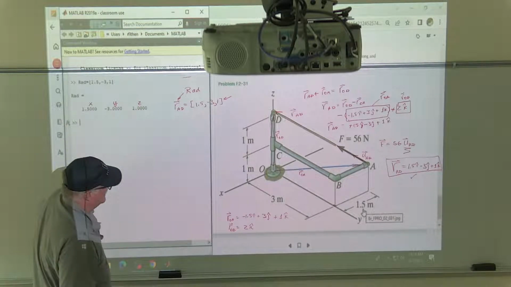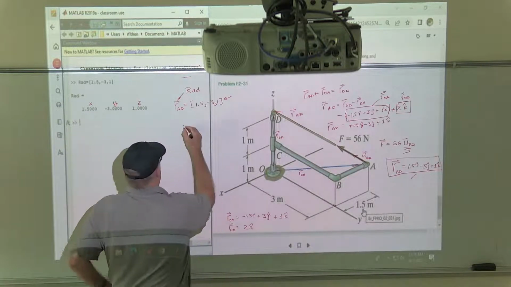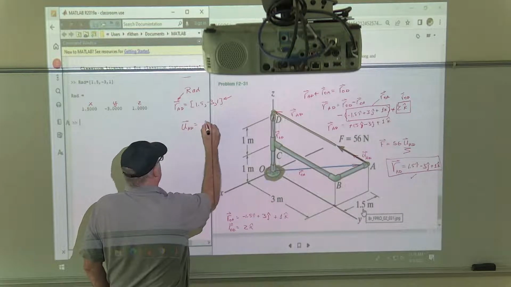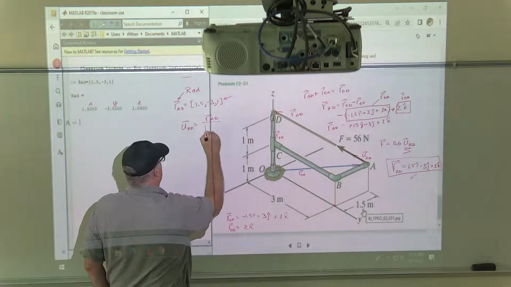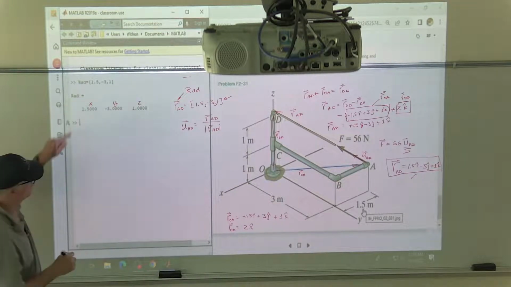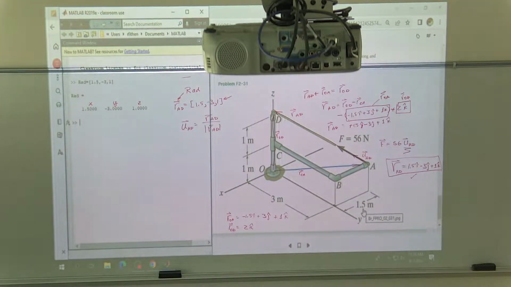If I want to find the unit vector that goes from A to D, I basically say RAD over the norm of RAD. And so I'll do that here, UAD is equal to RAD divided by the norm of RAD.